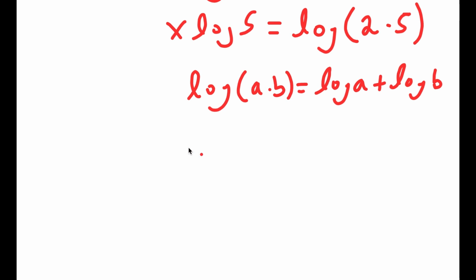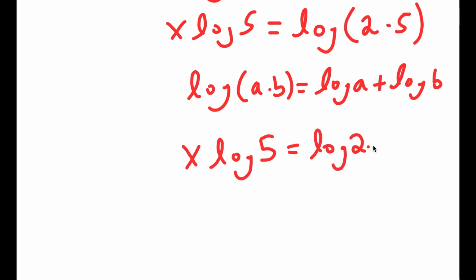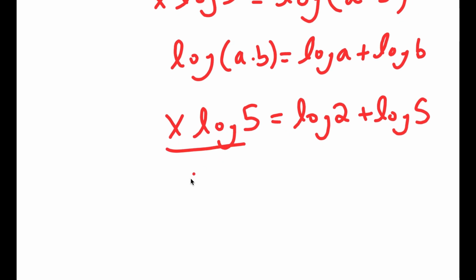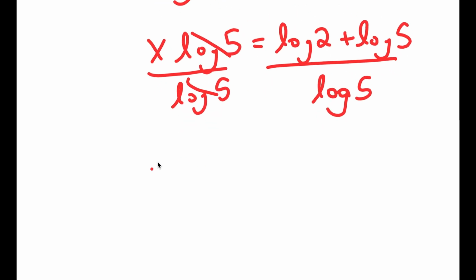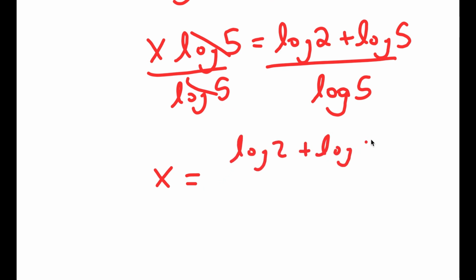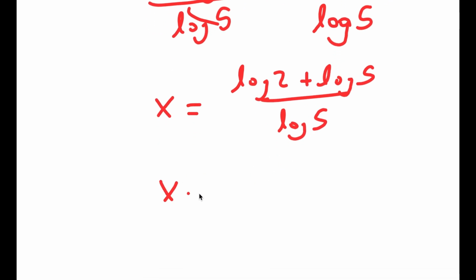So log 2 times 5 is going to equal log 2 plus log 5. And now if I divide both sides by log 5, these two cancel out, and I get x is equal to log 2 plus log 5 over log 5. And this simplifies to 1 plus log 2 over log 5.